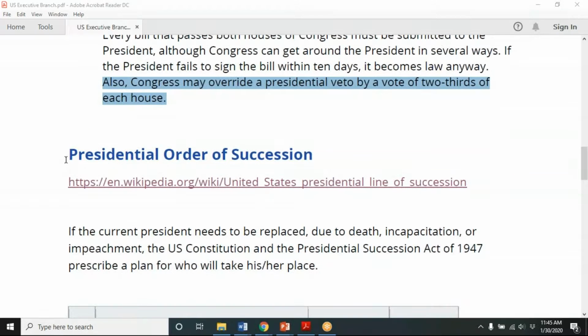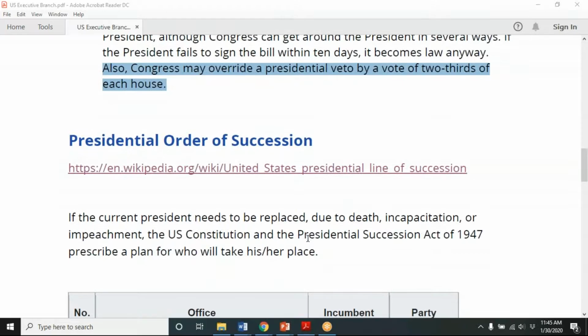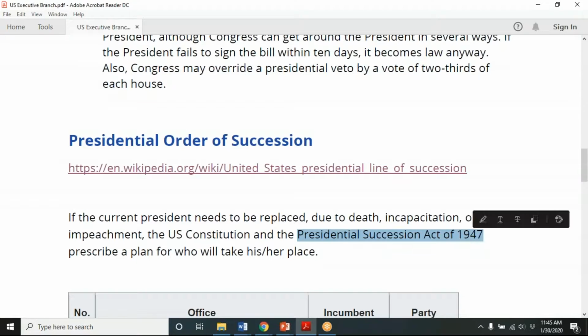So another thing that's interesting is the Presidential Order of Succession. It wasn't until the Presidential Succession Act of 1947 that they said, hey, what would happen if the president died? Now, even before 1947, there had been a couple of presidents who died in office.